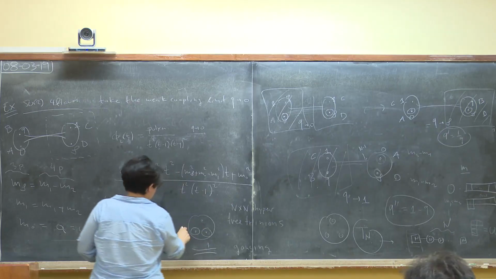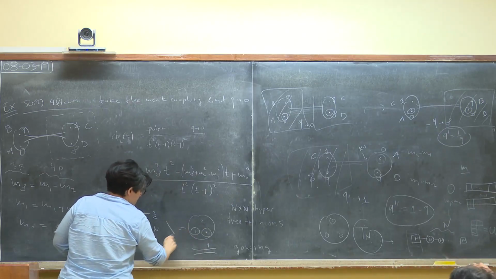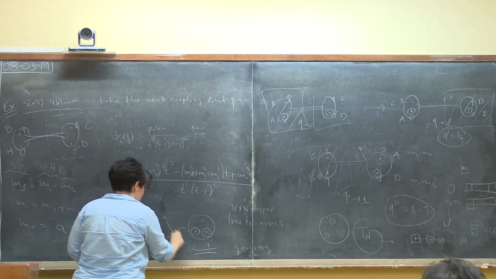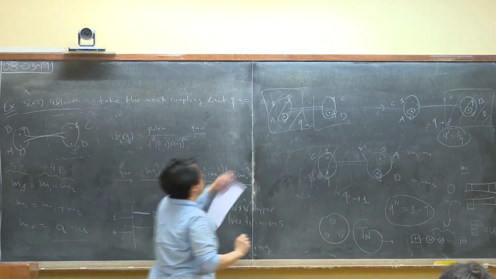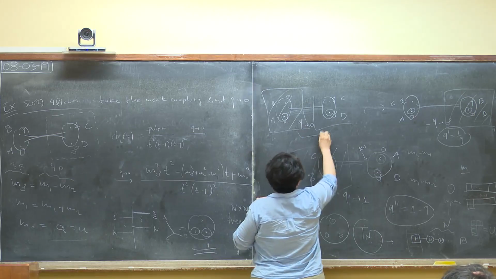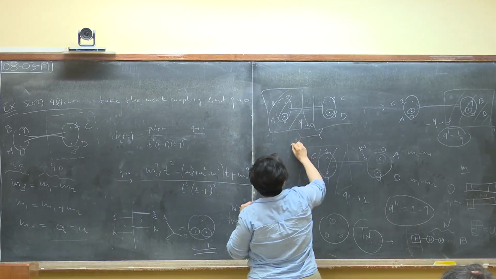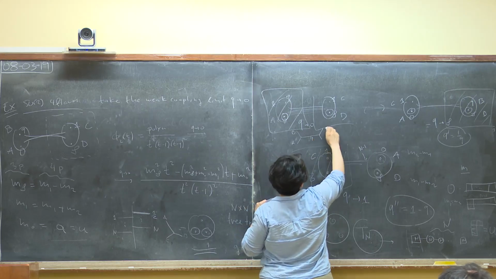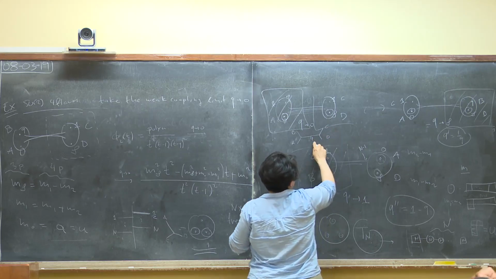You can label this by some diagram like this with A, B, C. Then you can write that this thing is some A, B, C. Let me put the Q here to remember how the weak coupling happened.